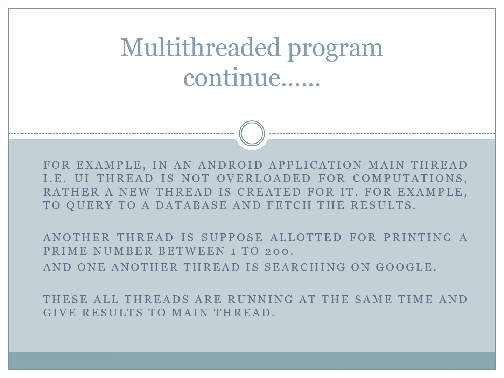Another thread B is allotted for printing prime numbers between 1 to 200, and thread C is doing a Google search. So all these threads are running at the same time, saving time for the operating system and giving results to the main thread.